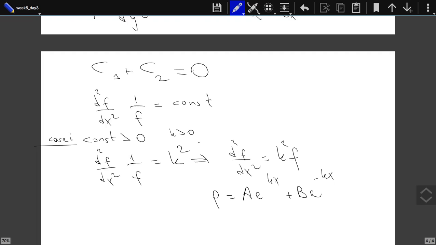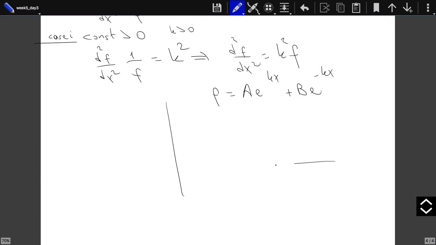So if you look at this function, since k is positive, as x goes to minus infinity, it diverges. As x goes to plus infinity, this term diverges. So it will have such a shape, assuming a and b are positive, of course. If a and b are positive, it will look like this.